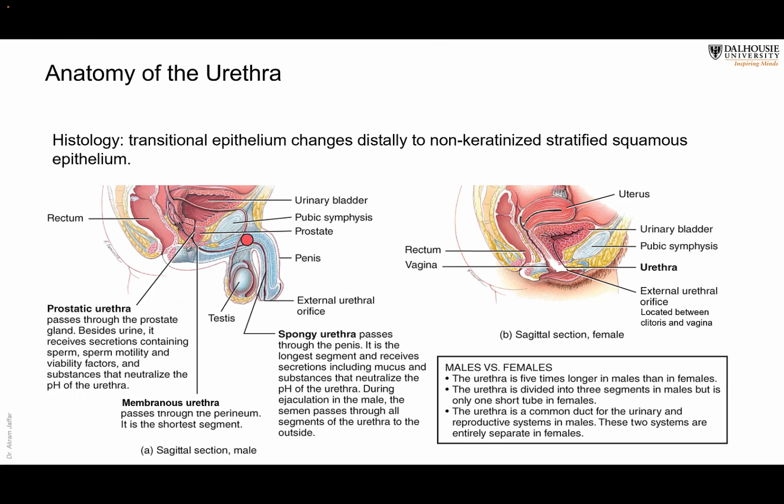It is long, it is not straight, and that's why catheterization in the male is much more difficult than in the female. The narrowest part of this urethra is the external urethral meatus, whether in the female or in the male. So any catheter, because catheters are of different sizes, that can pass through the external urethral meatus will pass through the remaining part of the urethra if the urethra is normal.